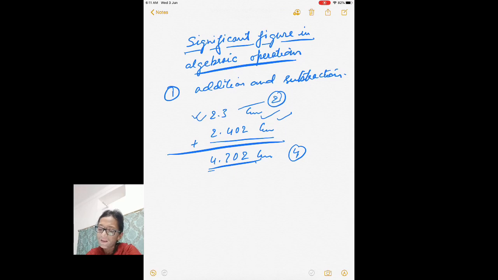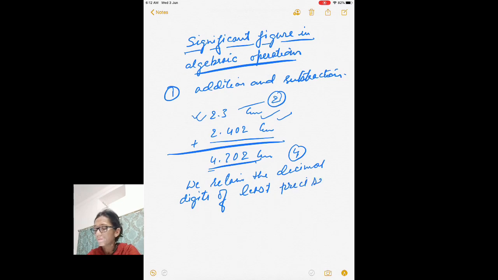So in addition and subtraction, we retain the decimal digits of the least precise number in the final result.